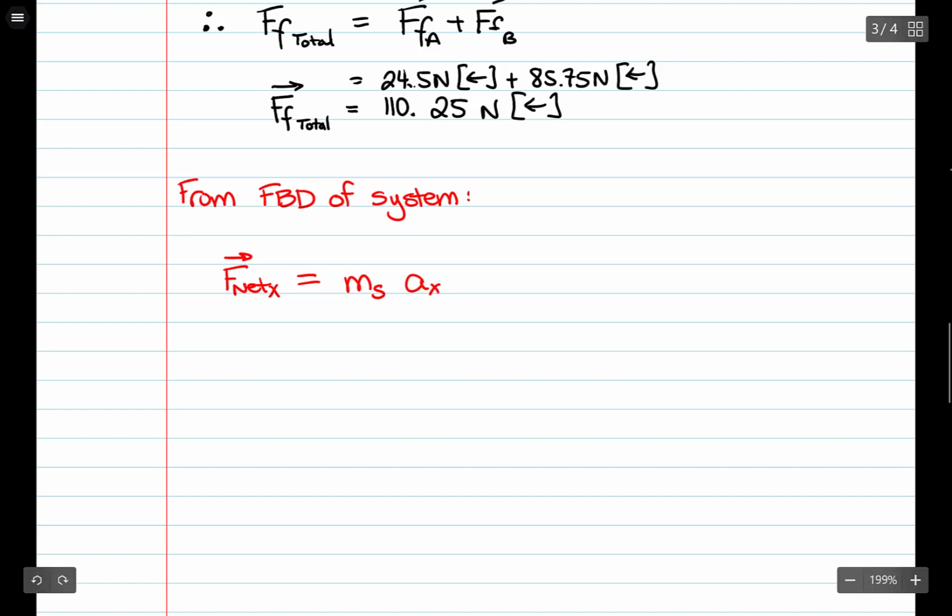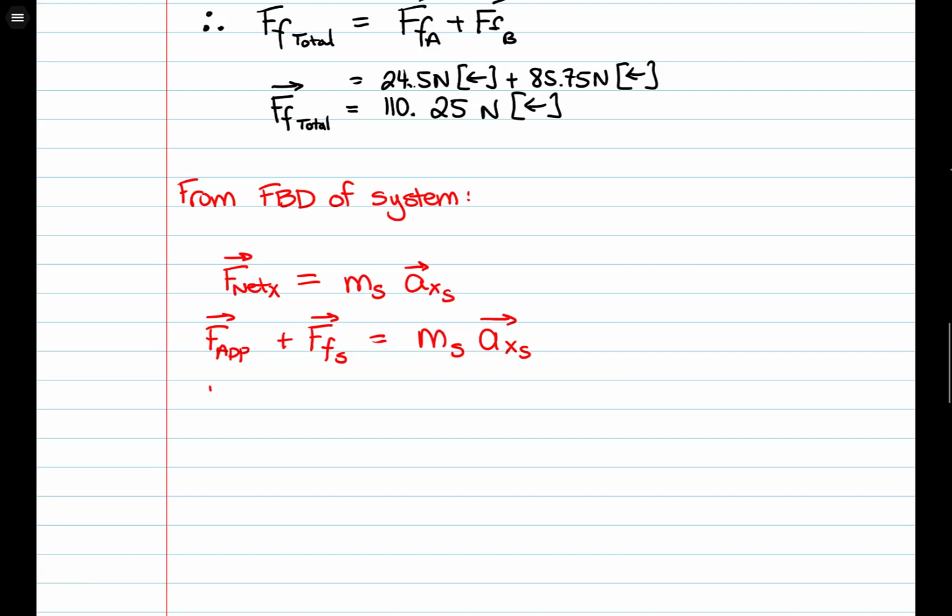Okay, so x, system. All right, so thinking back, we had an applied force on the system, and we had that frictional force on the system, both acting in the horizontal direction. That must come out to the mass of the system multiplied by the acceleration of the system.